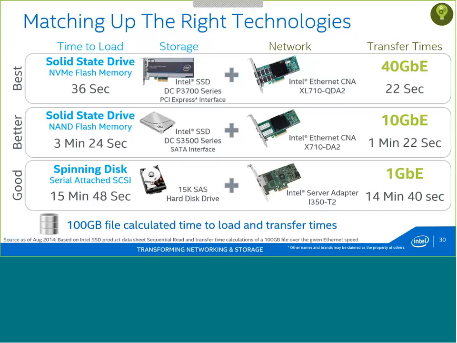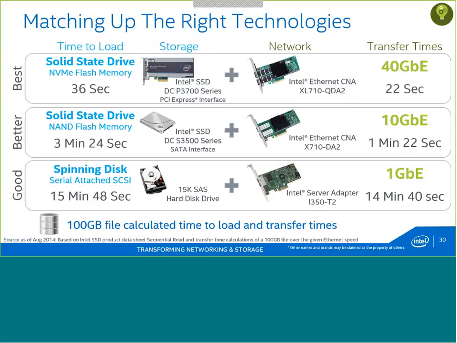So in this example, a 100 gigabyte file calculated for transfer times, you can see on the bottom right was a spinning disk plus the I350-T2 card, which gave you about 15 minutes for a 1 gig connection. And moving up the stack, they tested solid state NAND flash memory, the S3500 SATA drive, with an X710, and it got down to a minute at 10 gigabits.